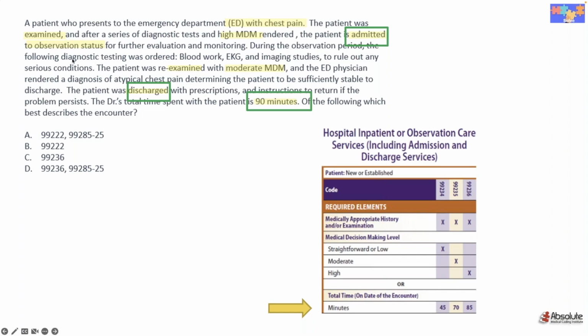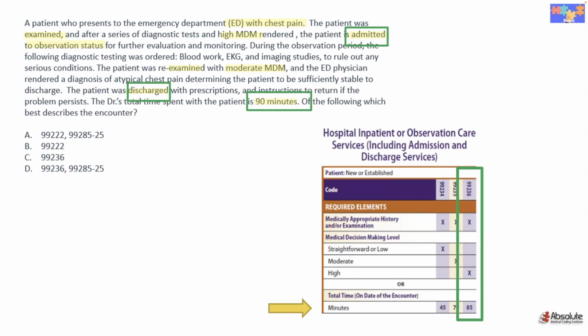The patient was examined, so we're going to presume that the doctor feels that examination was medically appropriate. And then we're going to scroll over to the highest units, which is 85. And that takes us to code 99236.